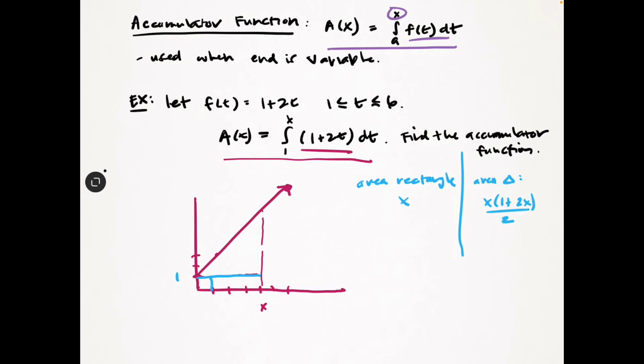Okay, so if we add these two things together, we should get the value of our trapezoid. So x plus, we could distribute this out. x times 1 is x. And then x times 2x is 2x squared.